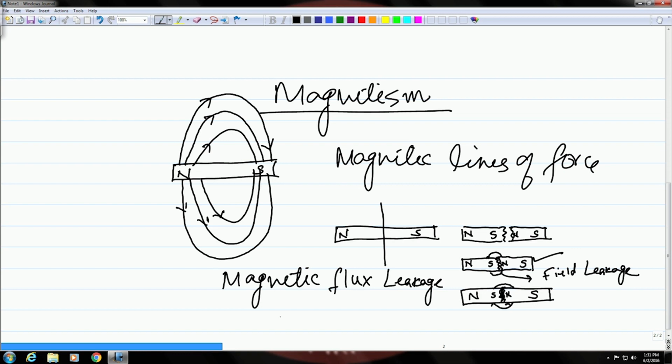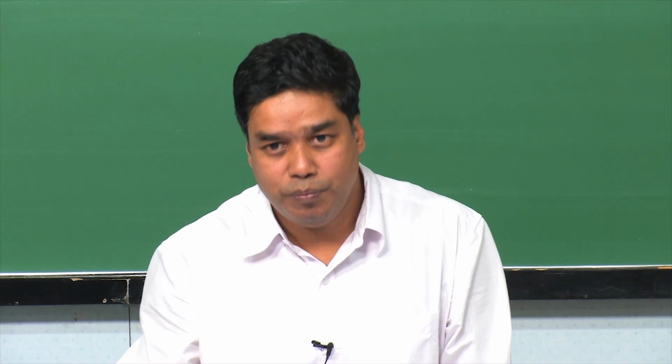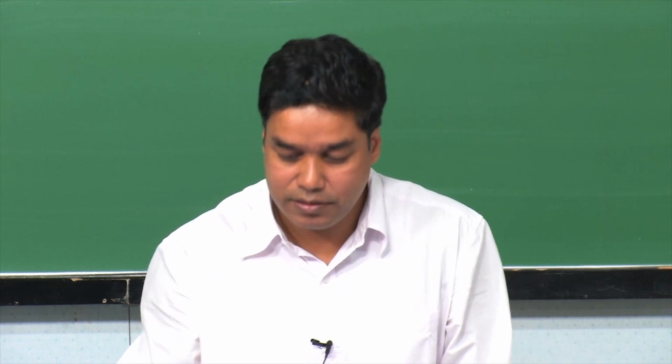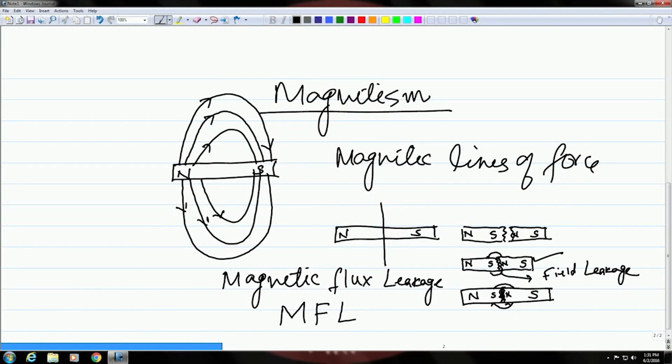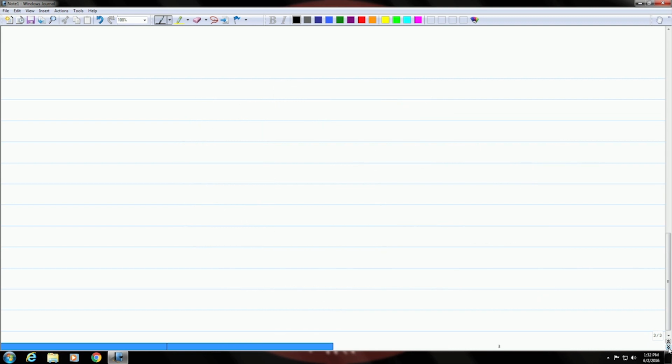That is why this method is sometimes also known as the MFL technique, which stands for magnetic flux leakage, because this whole thing is based upon magnetic flux leakage at a discontinuity. Now we will see, due to this flux leakage, or the creation of a small tiny magnet around the discontinuity, what is going to happen and how this will help us in detecting the defect.